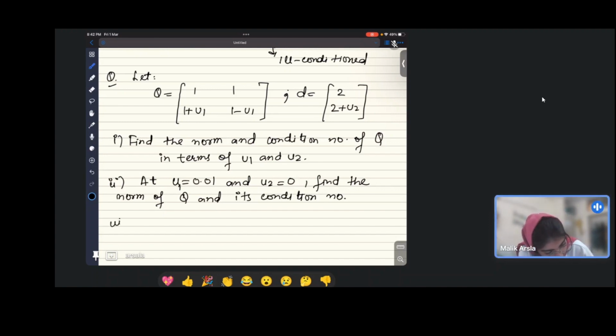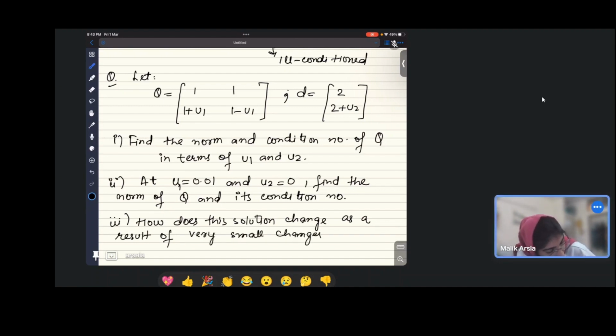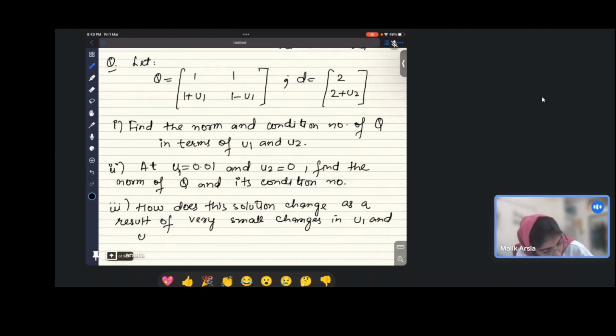And the third part is, how does this solution change as a result of very small changes in u1 and u2 around these values.